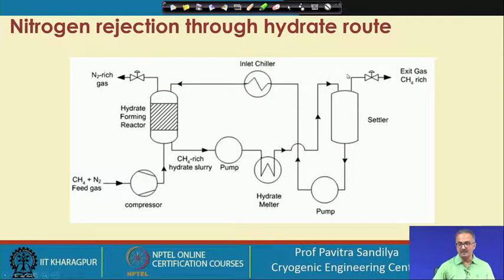It is taken to this chamber, where we separate out the water. We are basically heating up the hydrates to separate the water from the methane, and in this exit gas we have the methane rich gas, whereas the water comes down and is recycled to the hydrate forming chamber.